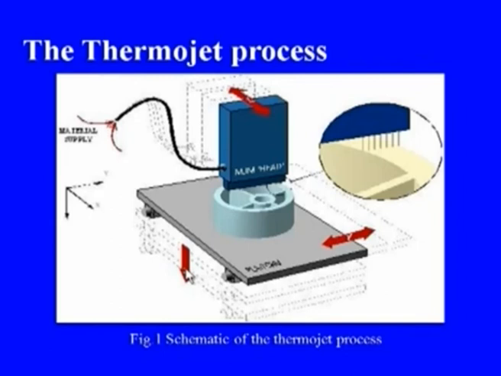Once this layer is produced, this is lowered by a thickness equivalent to the next layer to be produced, and therefore the subsequent layer will be deposited like this on top of this.